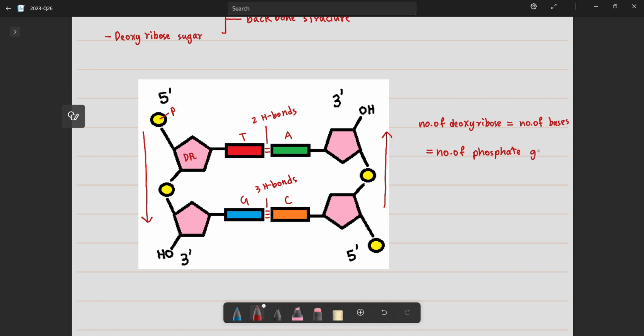As you can see over here, this is phosphate group 1, 2, along with the counting of the deoxyribose sugar: 3, 4, and over here it's also 3, 4, and then here 1, 2, 3, 4. So the number of deoxyribose sugars is equal to the number of bases and equal to the number of phosphate groups. This must be clear.